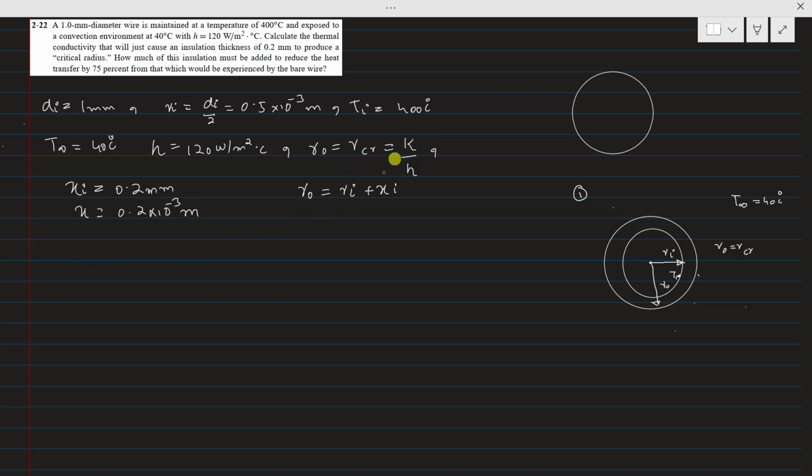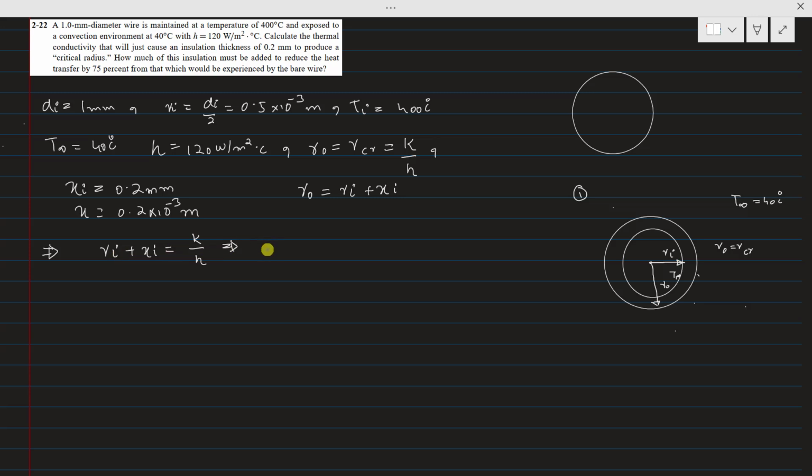Okay, so look at these two equations. K by H will be equal to R0, and R0 is equal to Ri plus Xi. So Ri plus Xi is equal to K by H. What is Ri?